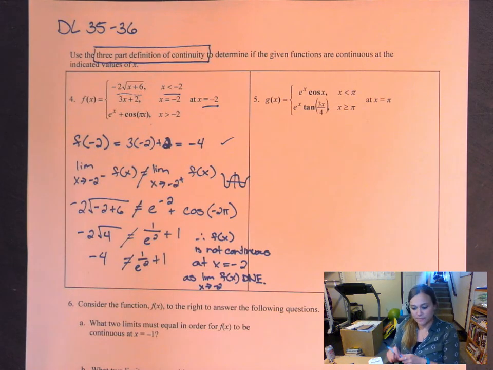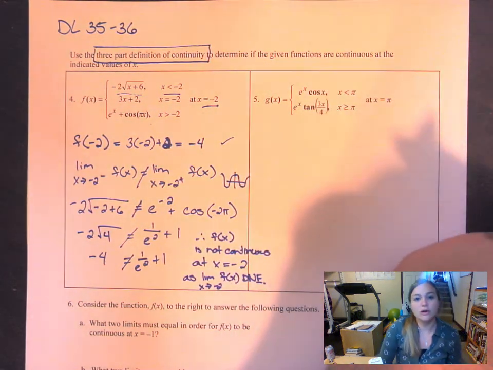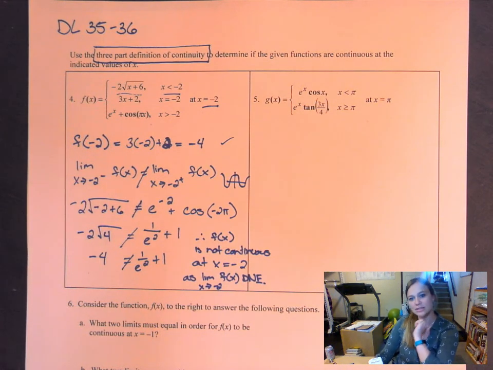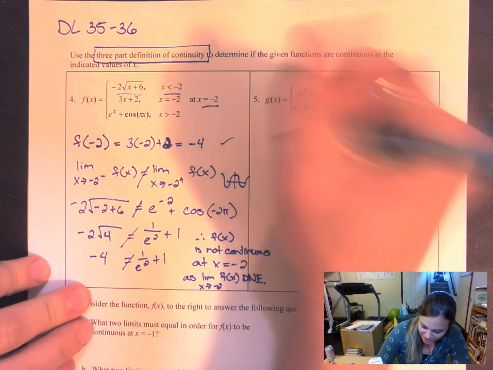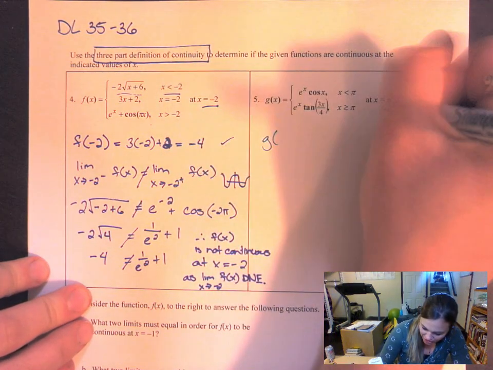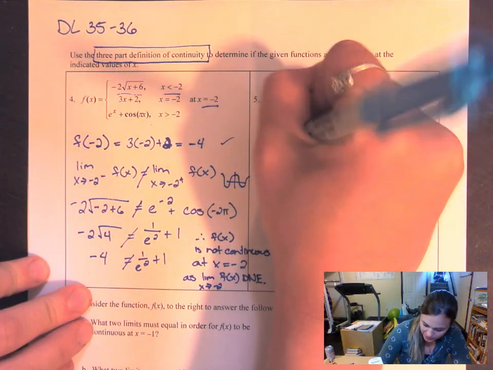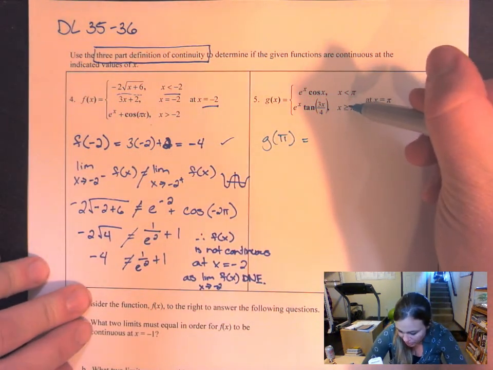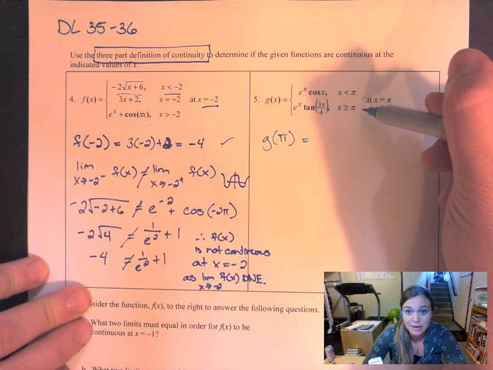Let's do another. So for a function to be continuous, 3 things have to be true. First, the function has to be defined. Okay, so let's do this. I'm going to say g of, we're talking about at pi, so g of pi. And what I need to look for right away is if there's a place where, oh, yep, right here, x is greater than or equal to pi.